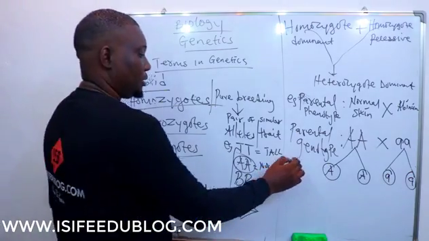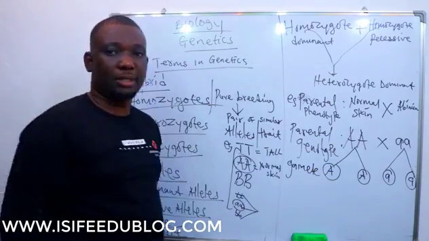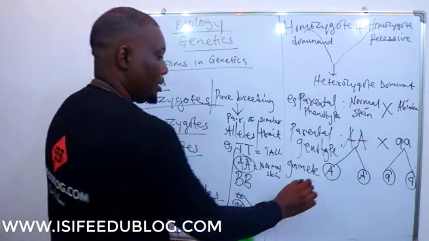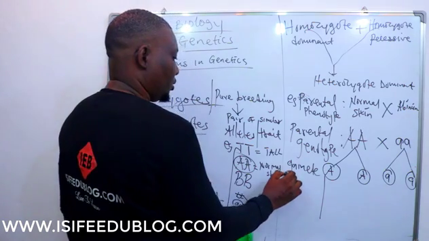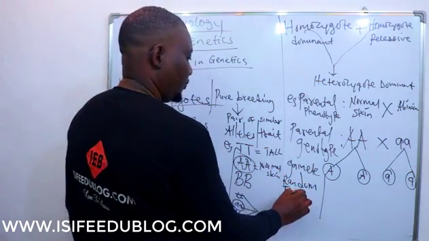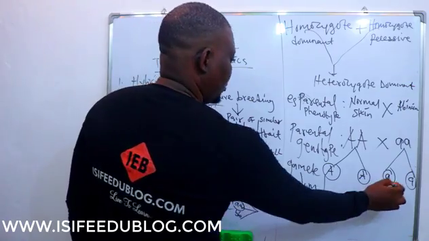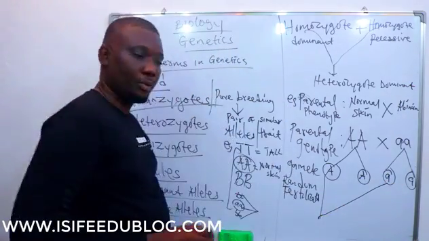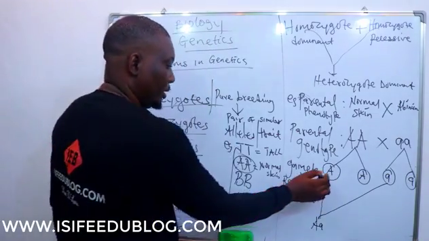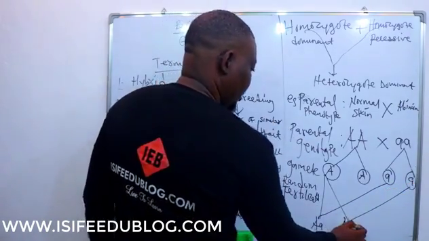And this is what is contained in the sex gametes. And then in a genetic cross, this happens during what we call random fertilization, whereby this randomly unites with this to give me this, and then this randomly unites with this to give me this.